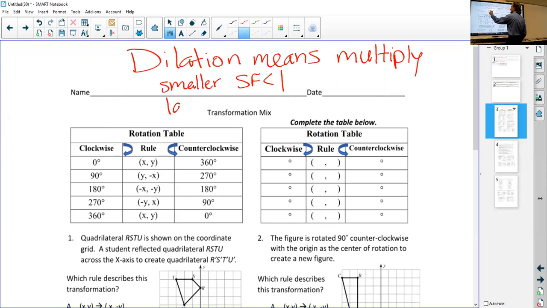And if it's getting larger, you just multiply by some scale factor greater than 1. And that's all of dilations. If you want to make it smaller, you multiply by something less than 1. If you want something bigger, you multiply by something greater than 1. That's all you need to answer the questions.